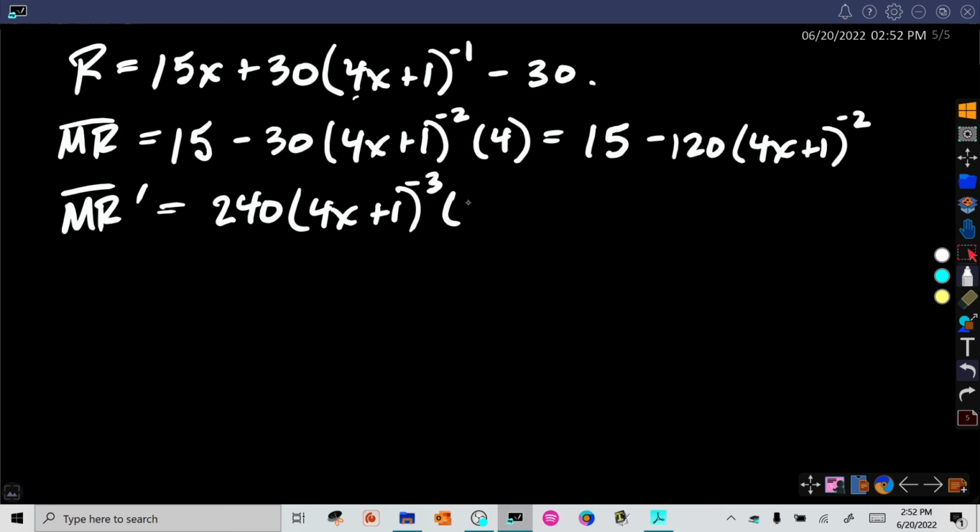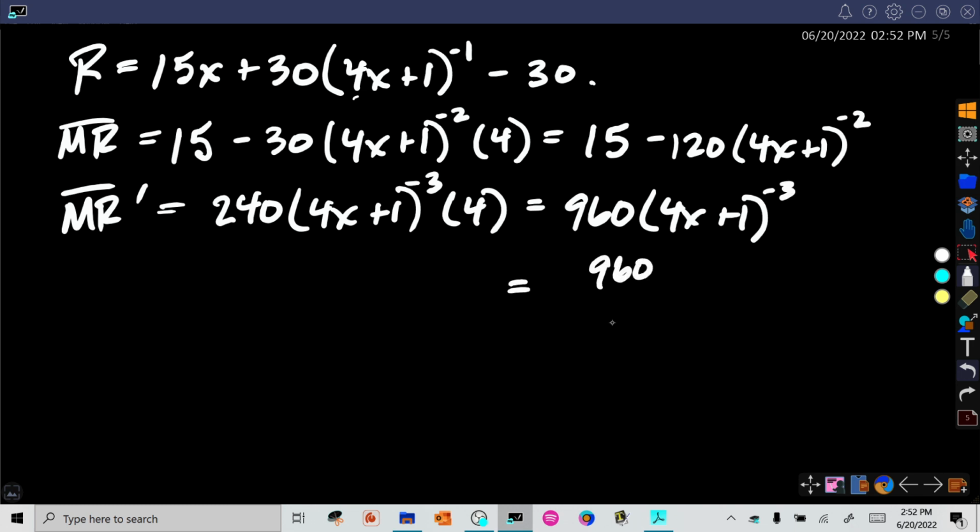Then we multiply by the derivative of the inside again, that's just the chain rule. So 240 times 4 is 960, times 4x plus 1 to the minus 3, which is the same thing as 960 all over 4x plus 1 to the third.